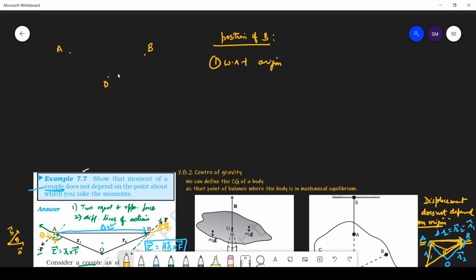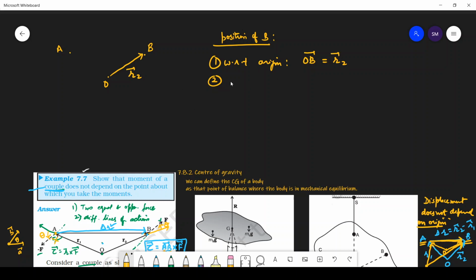So this is the origin, and this is the position vector OB. This is one way to reach point B, and I call it, suppose, R2. So I can say it OB also, I can say it R2 also, that's the same thing.